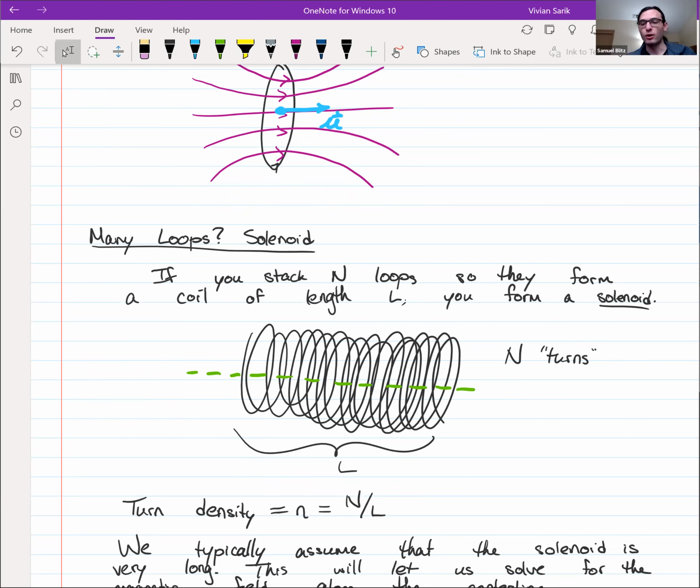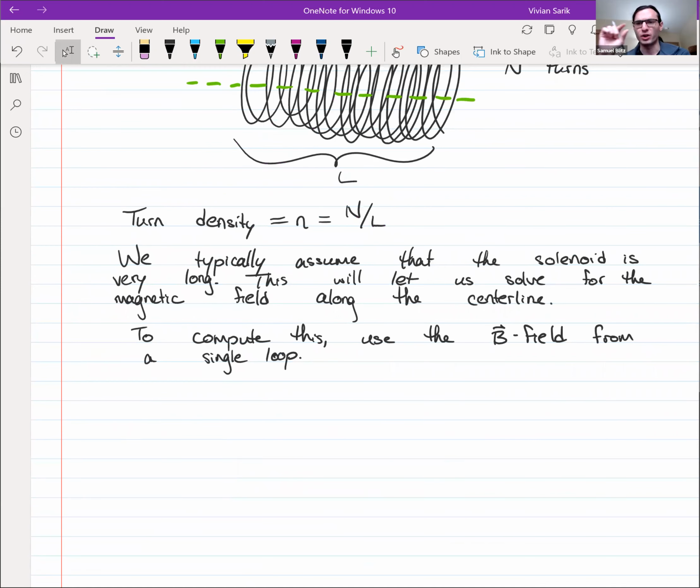superposition principle. Now, we are going to generalize a little bit. We're going to assume our loops are infinitesimally thin, so that you have a continuous amount of loops and a turn density rather than discrete actual wires, just because it makes the calculation a lot more straightforward.